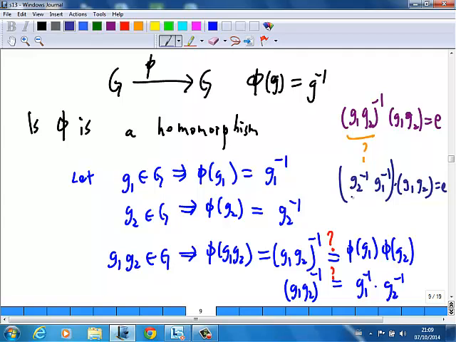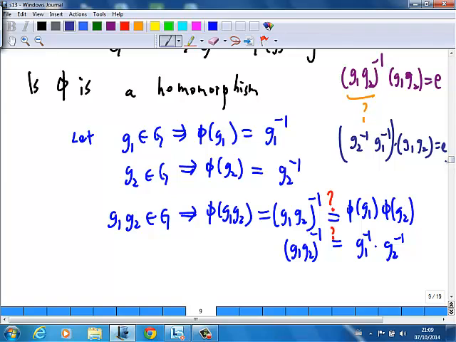So in general, this is not true, because the left-hand side is actually G2 inverse, G1 inverse. So you ask yourself, is it true? Generally, this is not true, right?